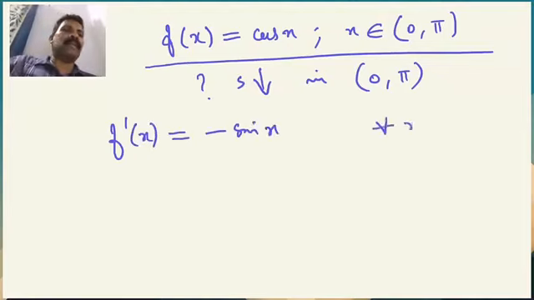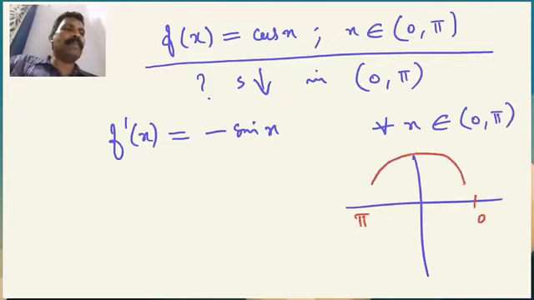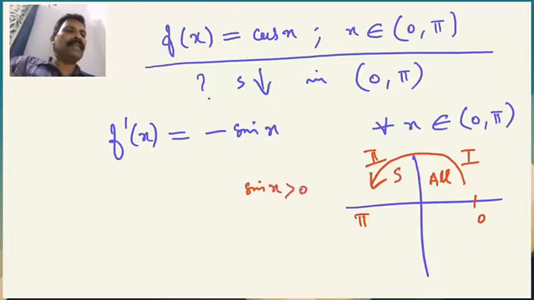And you see for all x belongs to 0 to pi, 0 is here and pi is here. So 0 to pi means first quadrant and second quadrant. In the first quadrant all trigonometric ratios are positive, and in the second quadrant, sine and cosecant are positive. So simply speaking, throughout the first and the second quadrant, sin x is positive.